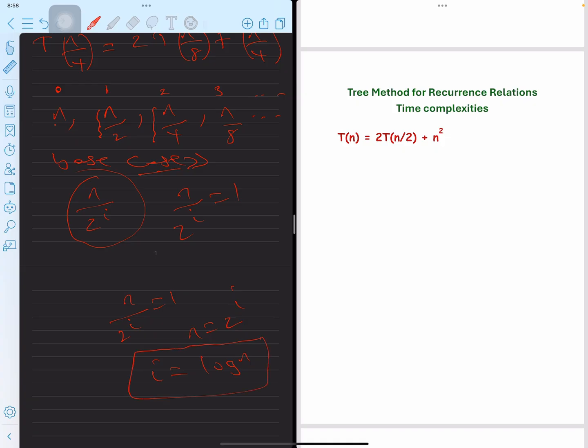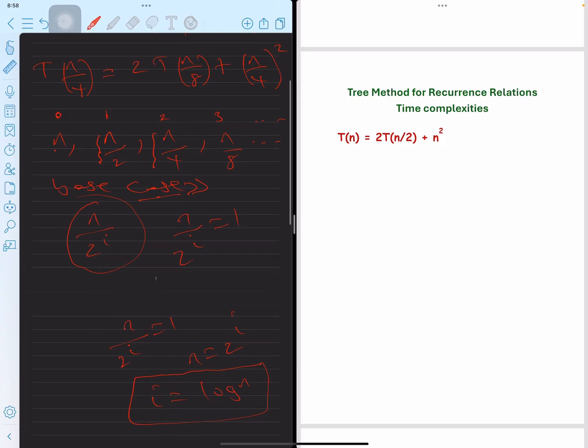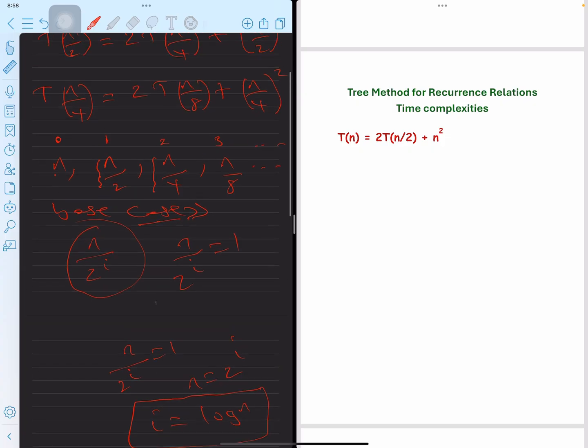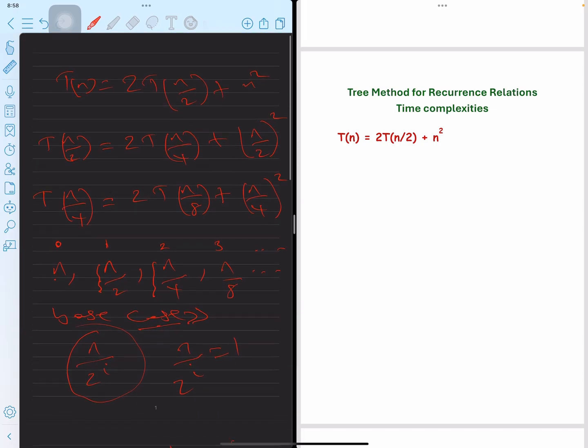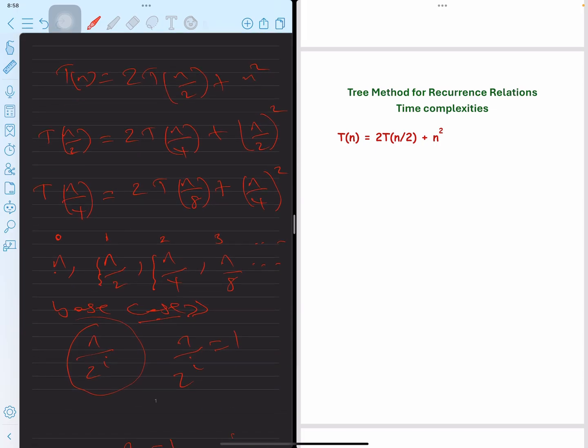Okay, so having gotten the height of the tree, I would look at the pattern of the sub-problems. You start off with 2, right? These 2 here will produce 4.